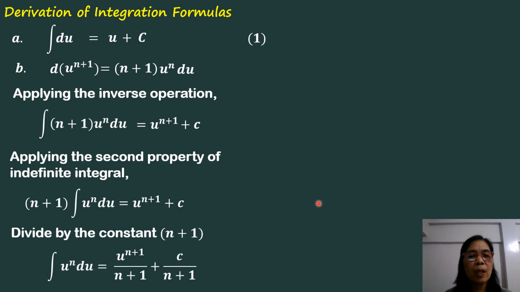So that will give us now the integral of u raised to n times differential of u is equal to u raised to n plus 1 divided by n plus 1 plus c all over n plus 1. So take note, in this statement, that c in here is an arbitrary constant. That means it can represent any constant. And n plus 1 is also a constant. So an arbitrary constant divided by another constant will give us another constant.